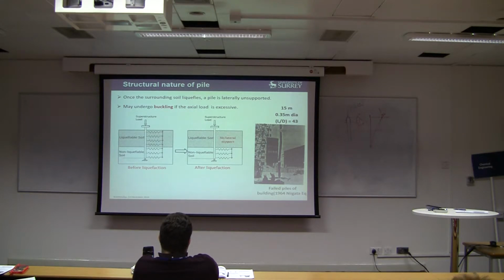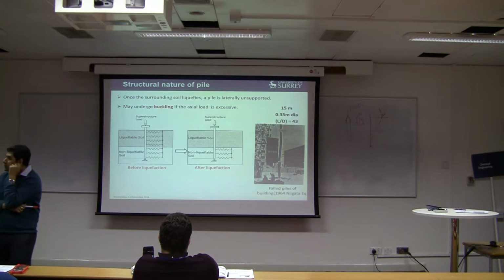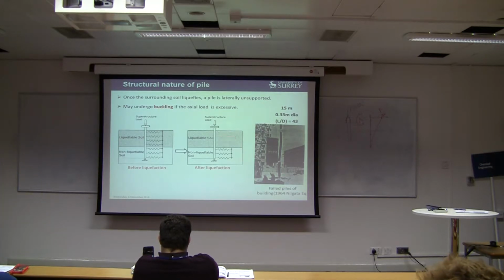What do you mean? Because you said that's the layer that liquefies. So how do you know where it liquefies to? Then you can calculate. What I taught in the second lecture, the depth of liquefaction. So how do you calculate the depth of liquefaction? So you can see at what depth it liquefies.